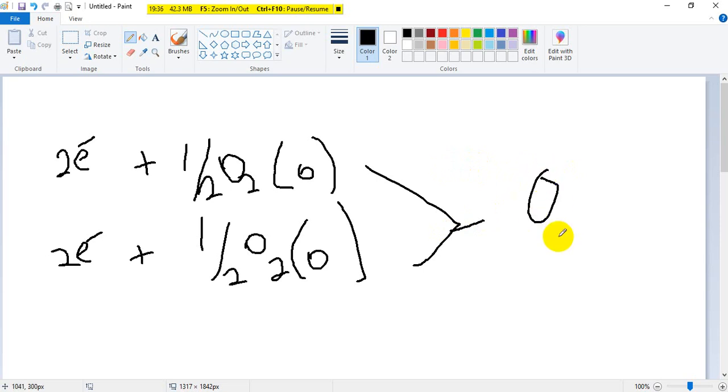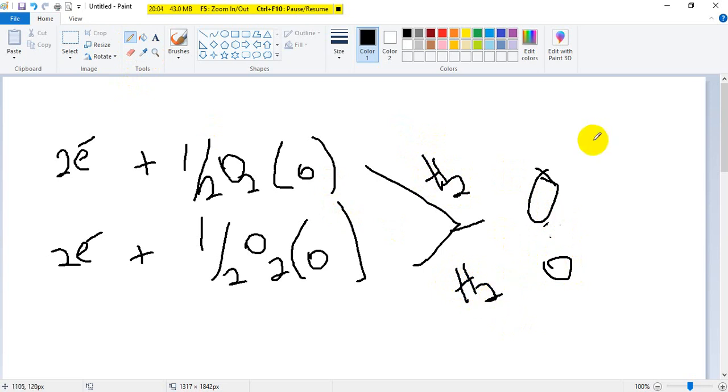So we get 1 oxygen here, then another oxygen here. Then we have 2 protons here, 2 protons here.